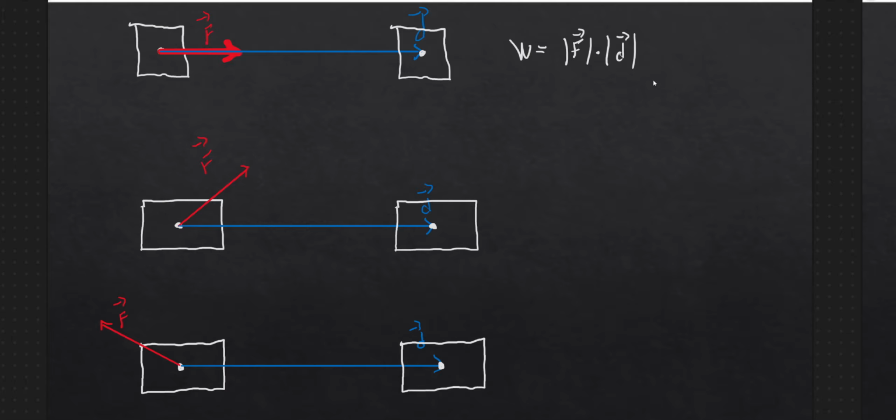However, things aren't so nice in the real world. It's not always just a force in the direction of motion. Instead, we might have a force acting not quite in the direction of motion. So how do we compute work here? Well, the idea is we want to get it to this first figure here. So I'm going to do some steps here.